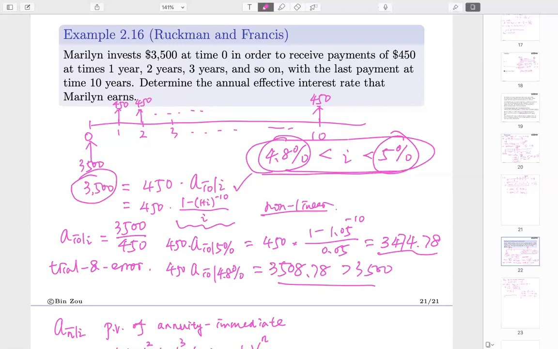So if you want something finer, you can try 4.9%. When you try 4.9%, it's less than 3,500. So you know it's between 4.8% and 4.9%. You can even go closer, right? But usually that's enough. I will end here for the lecture today.